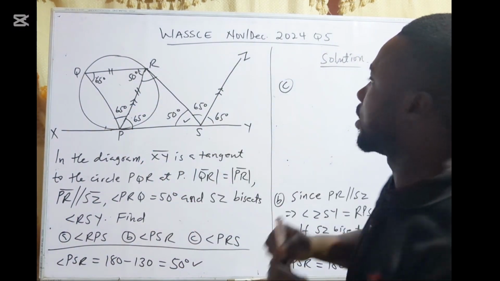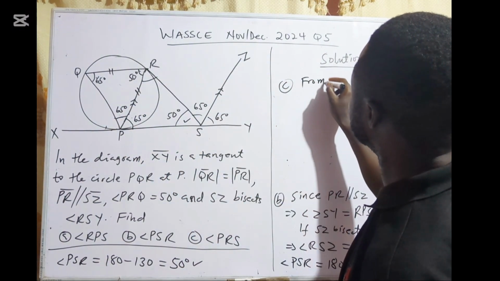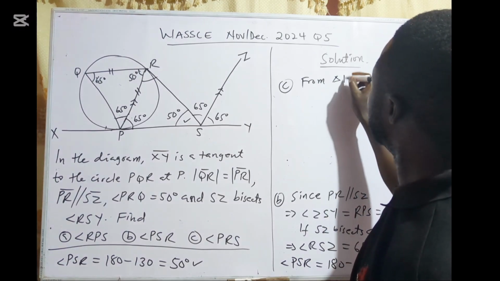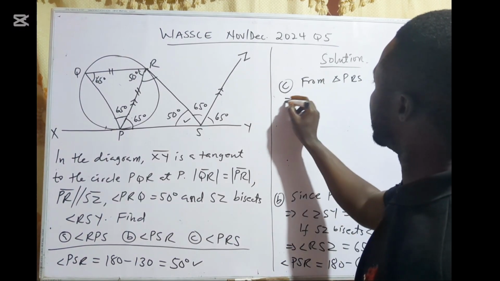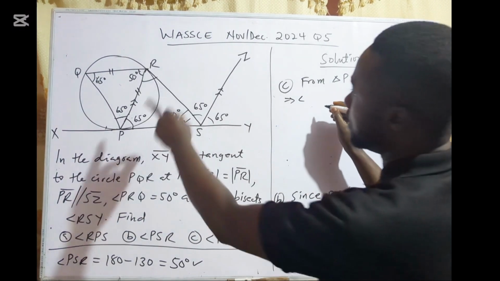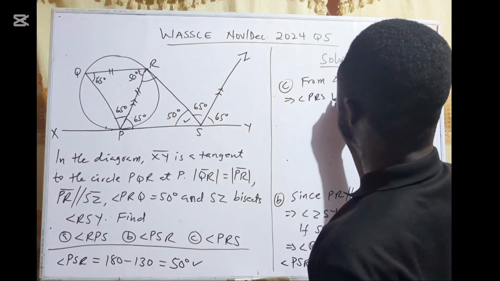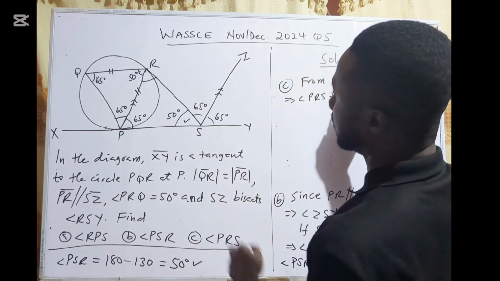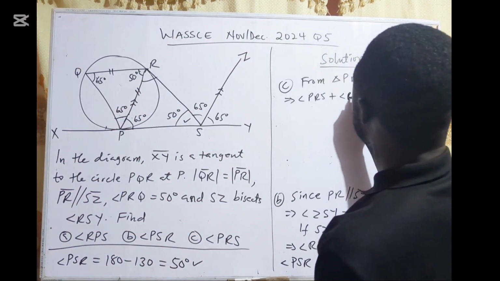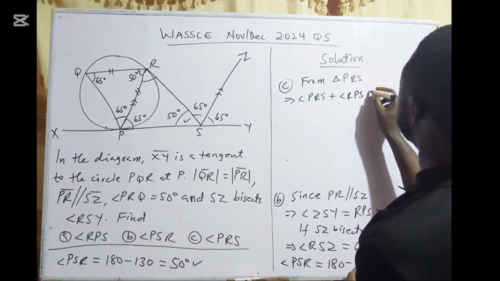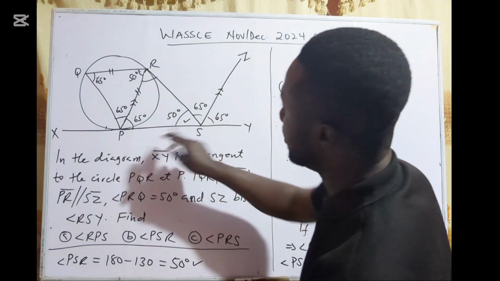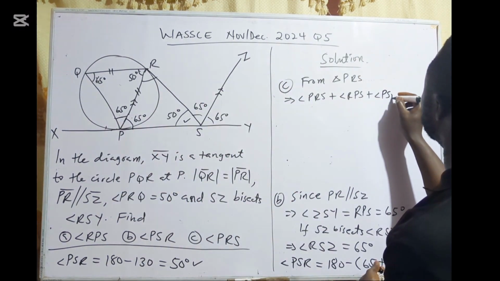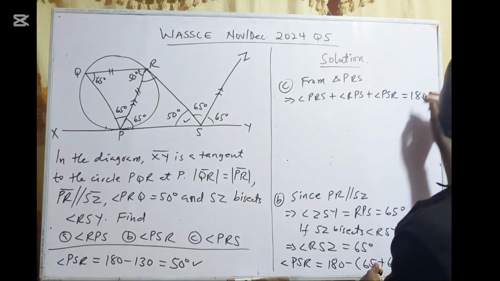So we can say that from triangle PRS, it implies that angle PRS plus angle RPS plus angle PSR is equal to what? 180 degrees.